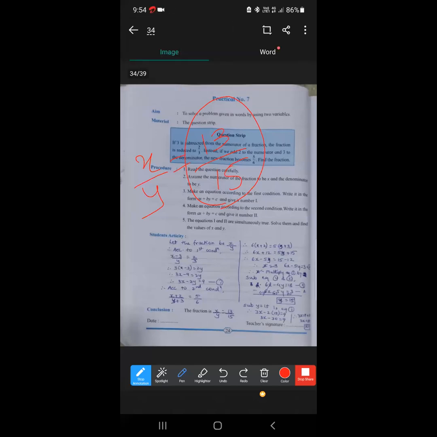So here, just now in this practical number 7, we have eliminated one term, that is the coefficient of the variable x. So that is nothing but the elimination method. You can solve the linear equation in two variables either by the elimination method or by the substitution method, because these two methods are there in your 9th standard syllabus.